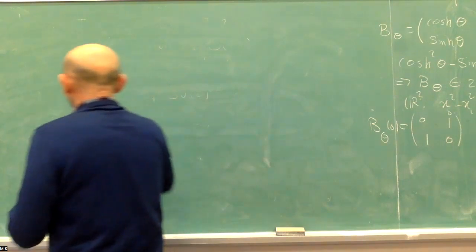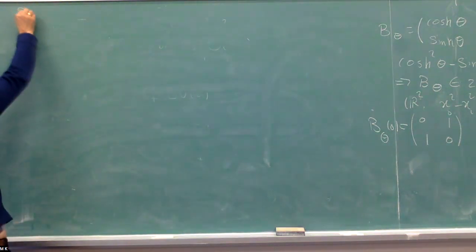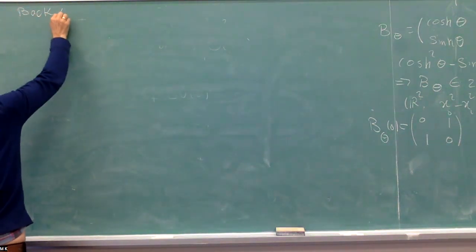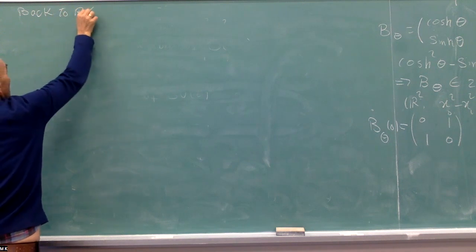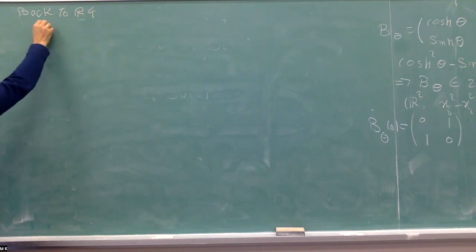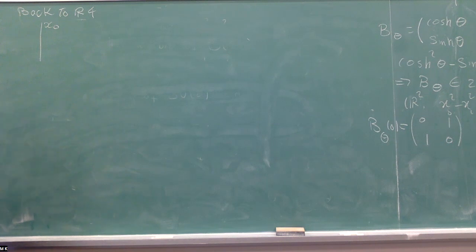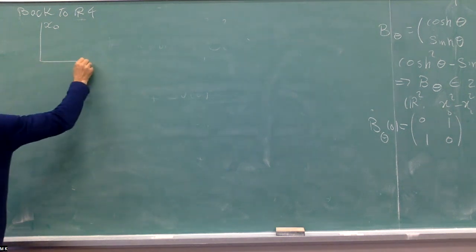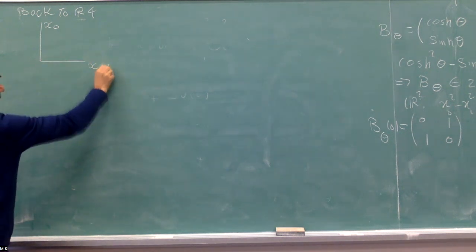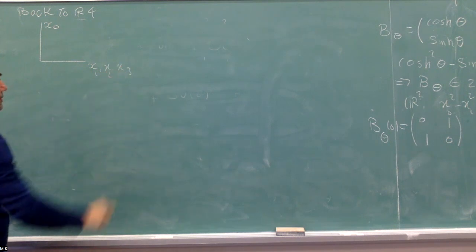Go back to R4. So this is the x0 coordinate, the time coordinate, and orthogonal to the time coordinate are just three space coordinates. So I call them x0, x1, x2, x3.